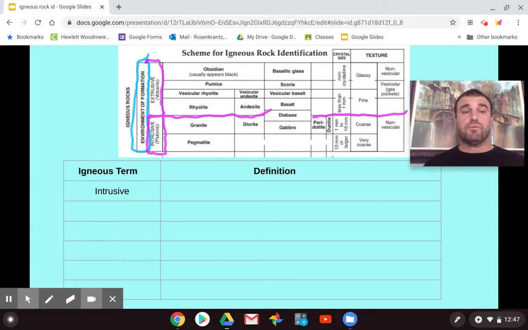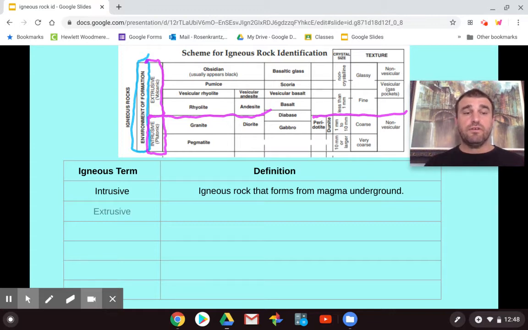If it cooled from the magma, that means it was inside the Earth, hence the in prefix, so we call it intrusive. In parentheses, where it says plutonic, that also means intrusive. A pluton is deep underground. So intrusive is an igneous rock that forms from magma underground.